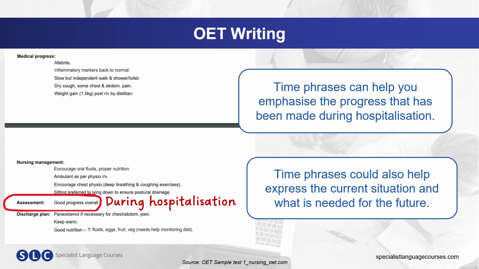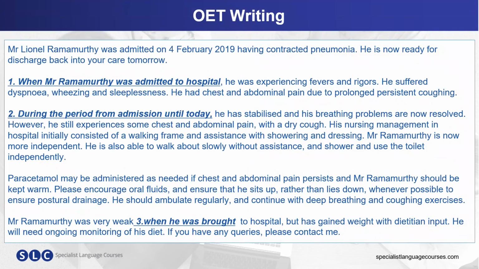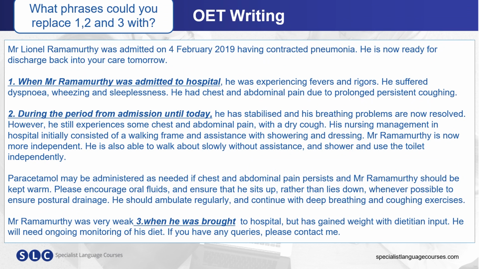Time phrases could also help express the current situation and what is needed for the future, using currently and after discharge. Look at this sample letter and think about what time phrases you could replace numbers 1, 2, and 3 with. Pause the video and write your ideas in the comments.